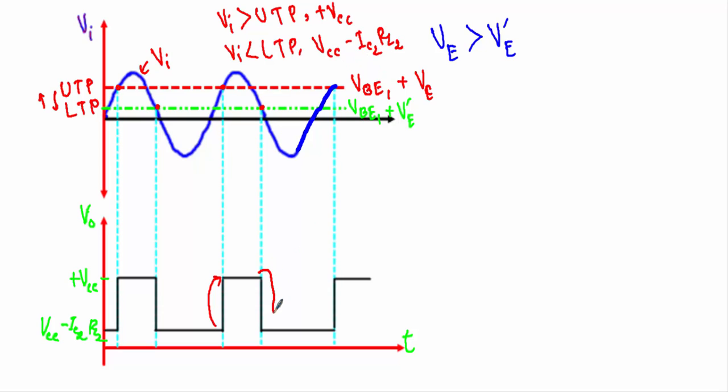That means the output voltage will again come from this point to this level, and it will again have a transition in the reference level from LTP to UTP. And when this input voltage is crossing the UTP, we will again have a transition in the output voltage from this level to this level, and this is how it generates a square waveform.